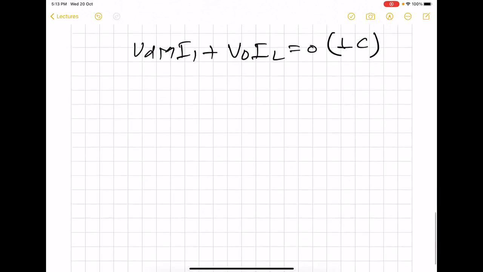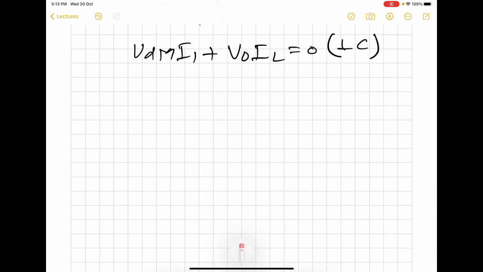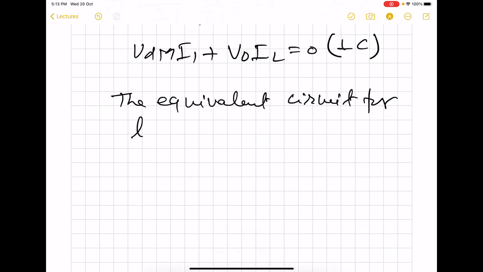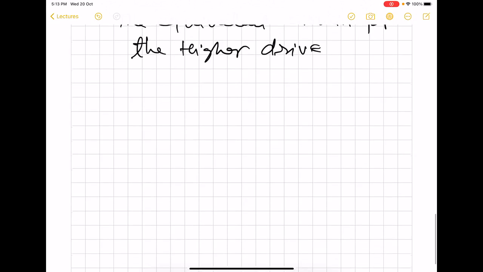So the equivalent circuit of the Doherty power amplifier for the upper drive, for the higher input or drive, is going to be like this.